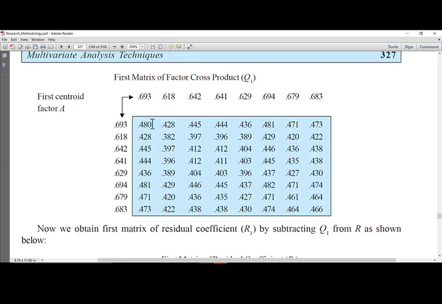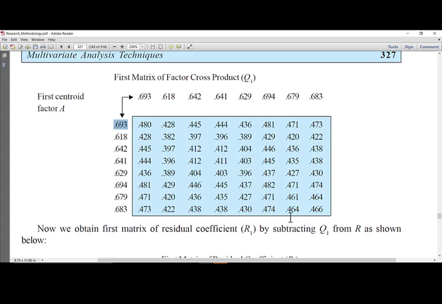The first element 0.480 is nothing but the multiplication of 0.693 with 0.693. Then this 0.428 is obtained from the multiplication of 0.693 with 0.618. Now this 0.445 is equal to 0.642 multiplied by 0.693.